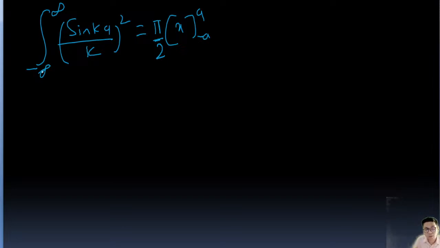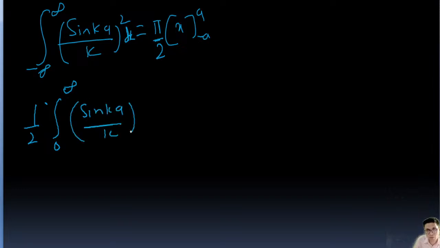So guys, you can see this is whole square, so this is an even function. Even function means we can break the limit, so we can write 1 upon 2 integration 0 to infinity of sine ka upon k whole square dk, and this value is going to be pi by 2 times x from minus a to a, right?